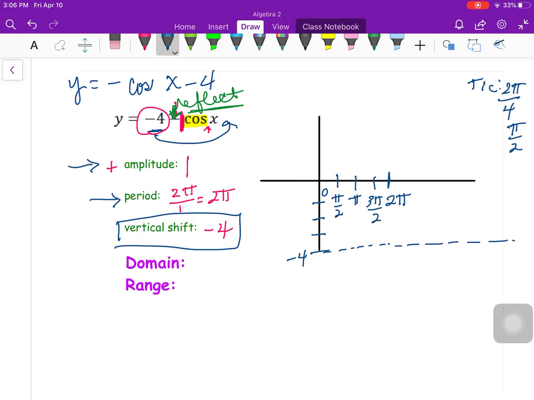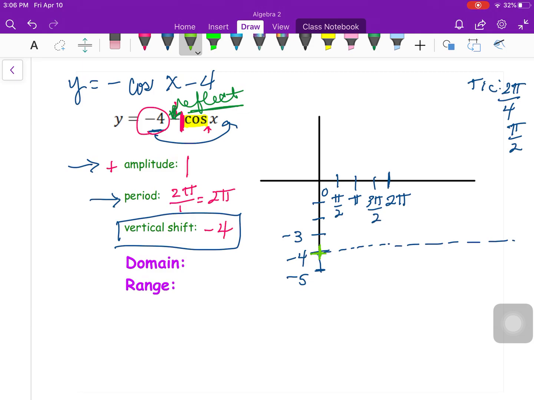Now my amplitude is 1. So 1 above -4 is at -3. 1 below -4 is at -5. So now I have my x and y axes labeled appropriately. I can start plotting my cosine function. Well, cosine started up at 1.